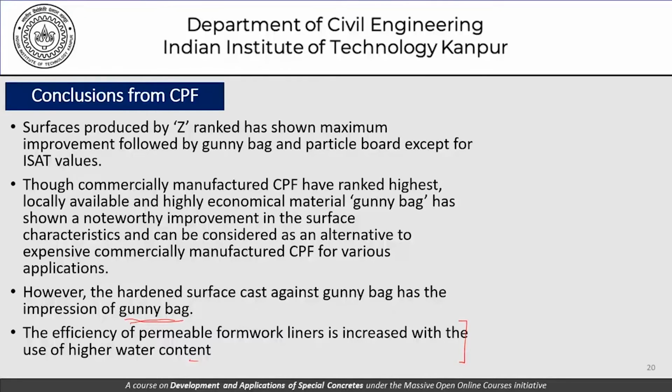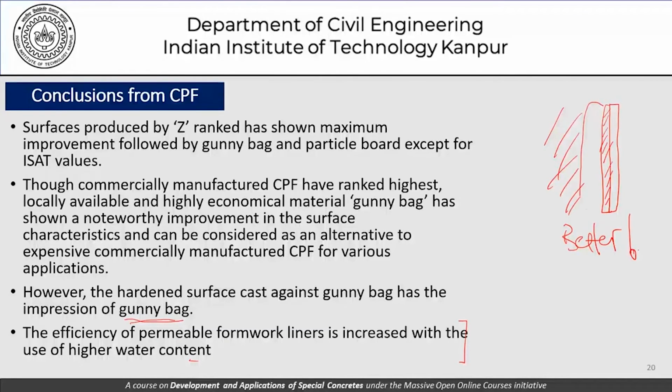Today the discussion has been largely focused on saying that, well, if I have a formwork here, and if I have a CPF liner attached to this formwork, then the concrete that we cast here will be better in terms of the properties of concrete in the near surface zone here.